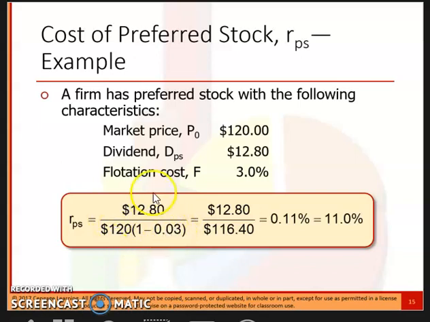So that's $1.80 divided by $20 times 0.97. That is 11%. It's a good idea to work through these problems and make sure that you're able to get the same answers with your calculator.